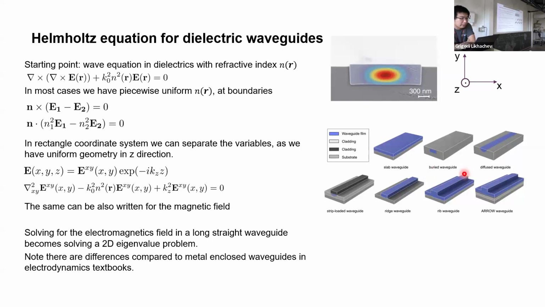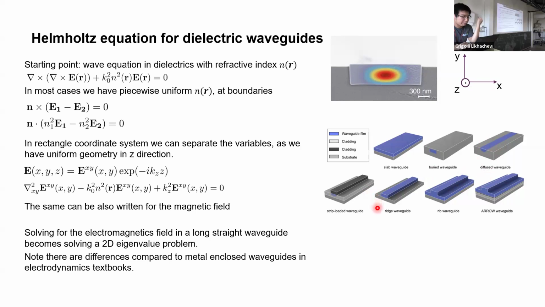Then you form either these buried waveguides, or if you do it differently by ion exchange, you can have some shape like this diffused waveguide. Basically, it carries all different names that describe slightly different geometries.